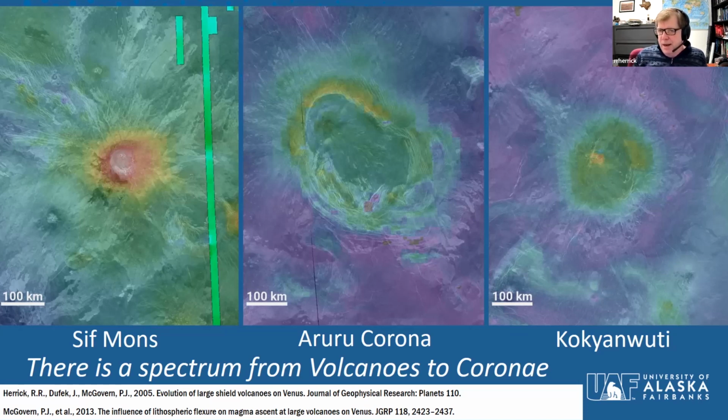And then there's a spectrum really of features that span from what you would call a typical shield volcano to a typical corona. I think it's an interesting area of study to try and figure out why you get a corona and why you get a large shield volcano, and that plays into the behavior of the upper mantle and the lithosphere.